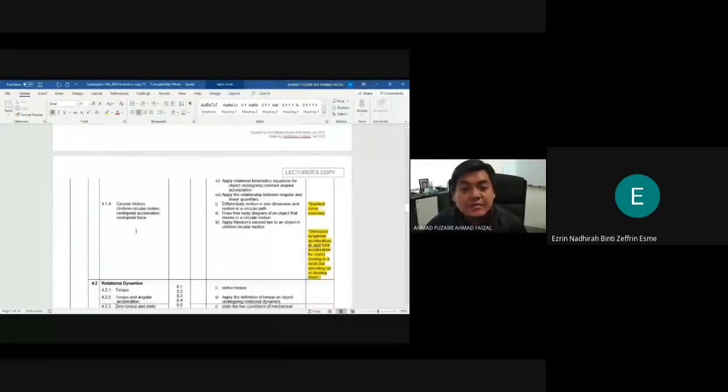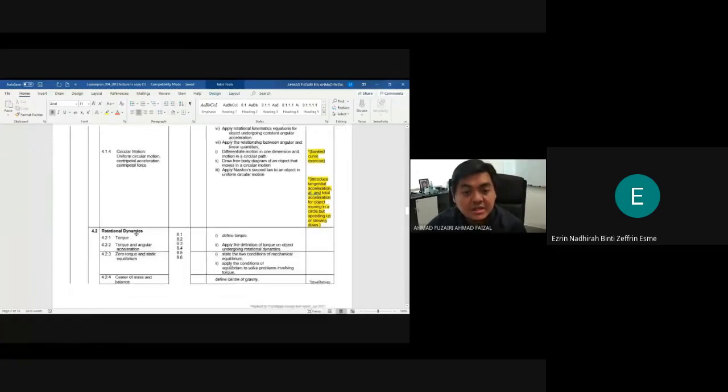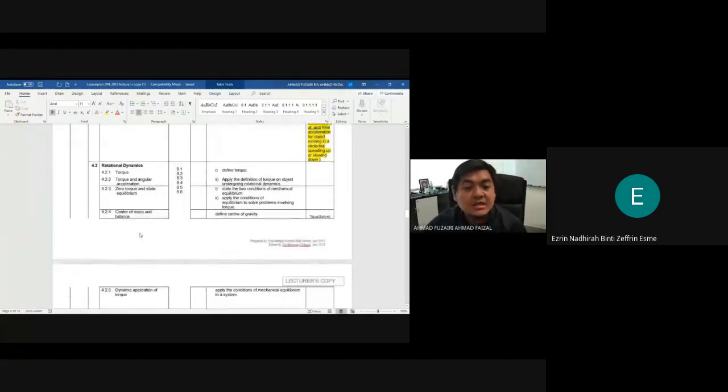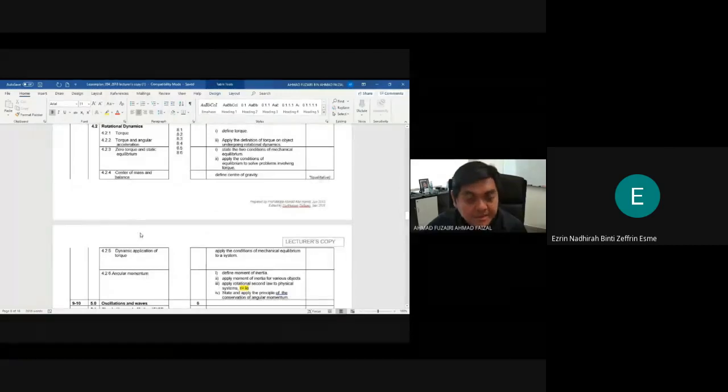But here, we want to discuss how we can use theta, omega, and alpha in other forms, such as force, energy, and momentum. Can those forms be transformed to other terms in rotational dynamics? So that's why we have to make sure that we learn rotational dynamics.